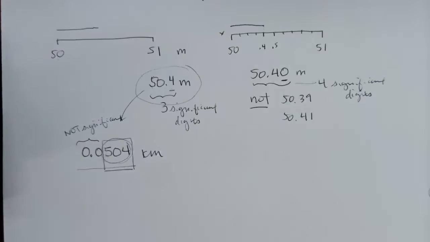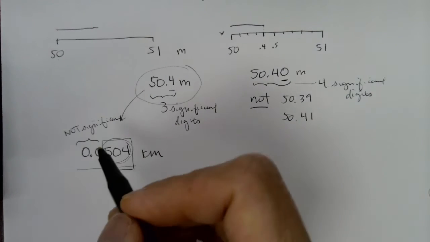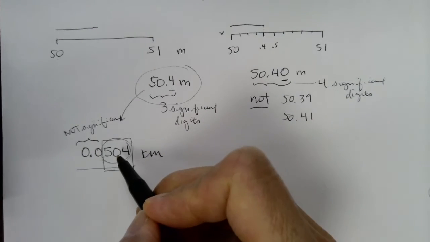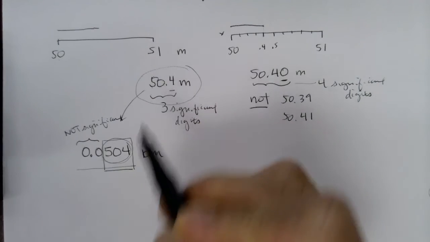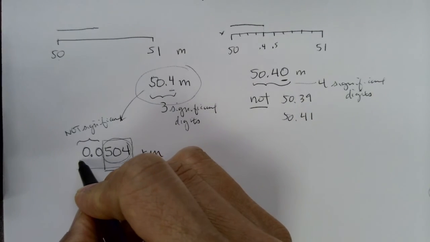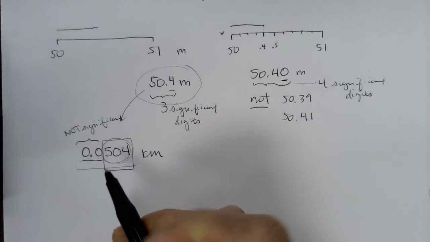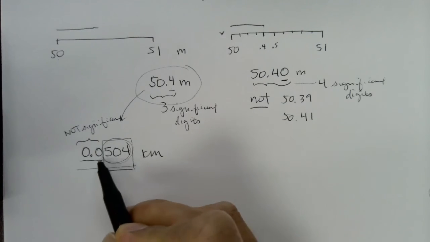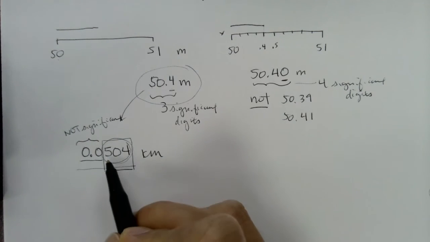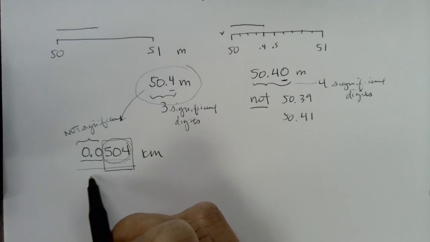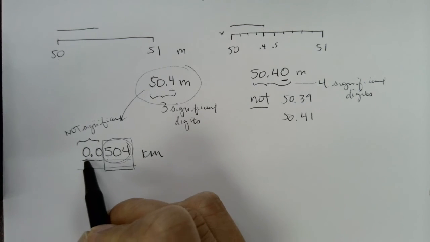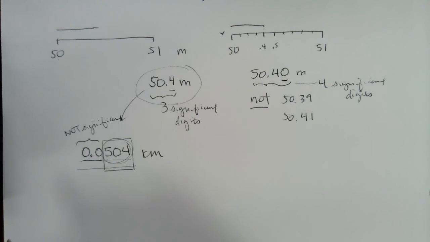Again, any normal number is significant, but zeros may or may not be. The zero in between numbers always is. The zeros that come before, in order to indicate place value of my significant numbers, these are not significant. These will change if I change my units.